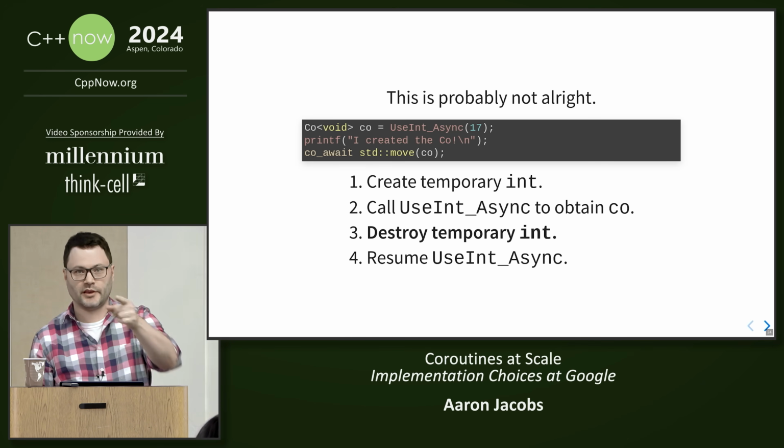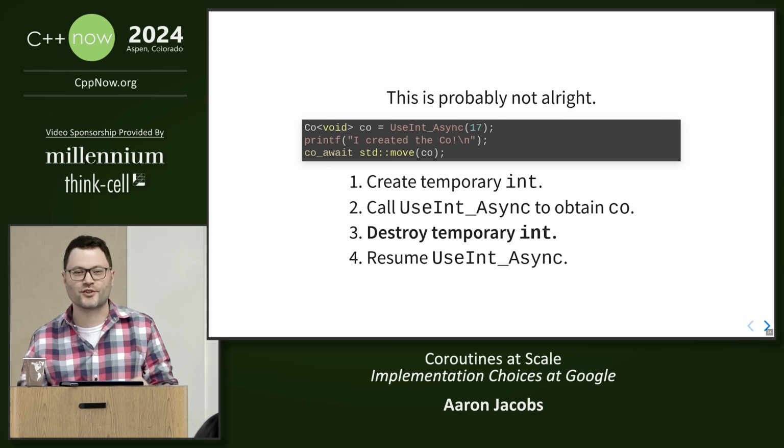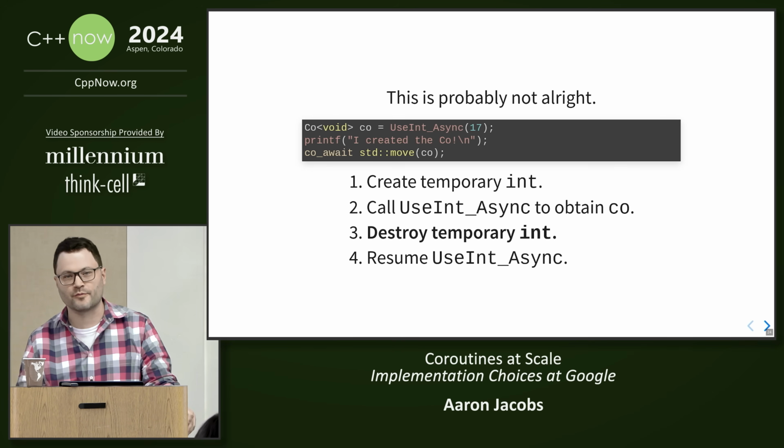Anybody else? Yeah. So within 17, like temporary int, like lifetime extended in the local frame of the coroutine, why would it destroy the temporary int? It won't be lifetime extended. I don't know the rules of lifetime extension exactly, but it won't be lifetime extended for a function parameter. So maybe somebody can quote chapter and verse here.